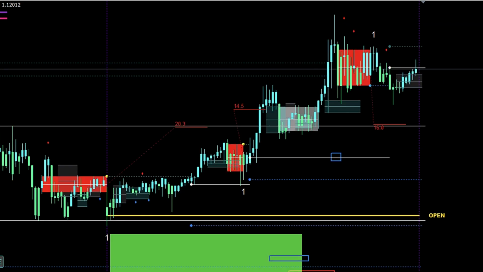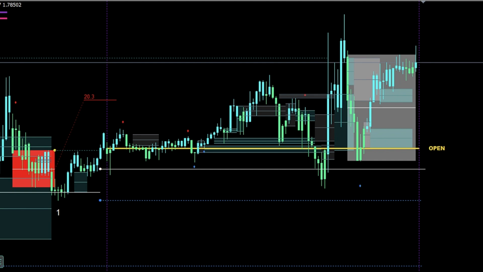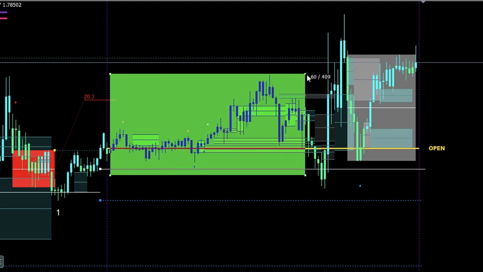Now let's see, nothing on the GBP Swiss. Okay, the GBP CAD was also a good trade, as you see here. This was during the Asian session. This is the liquidity we're looking for.